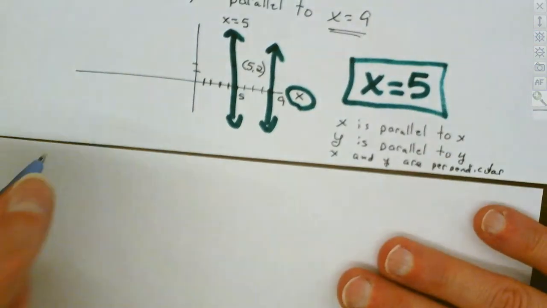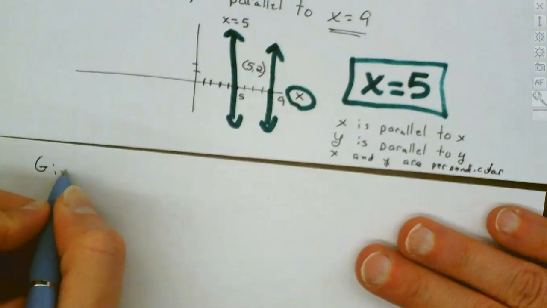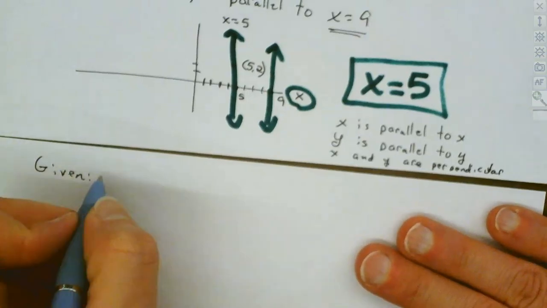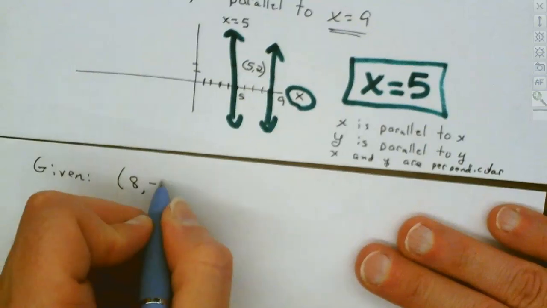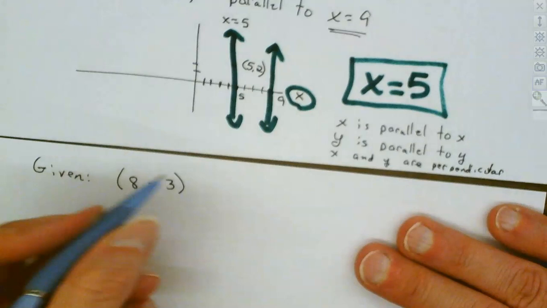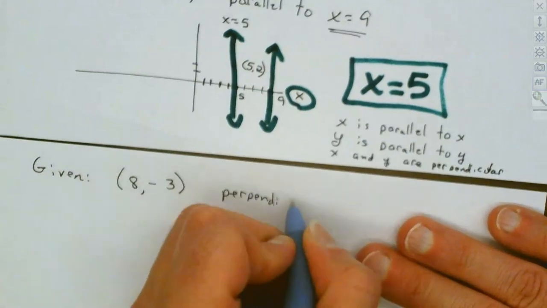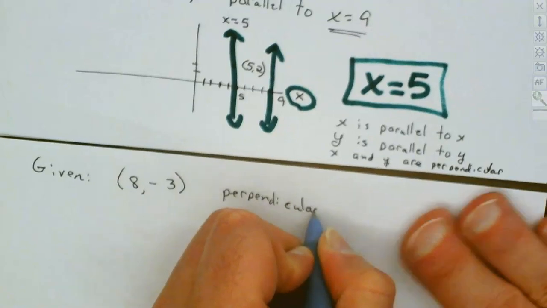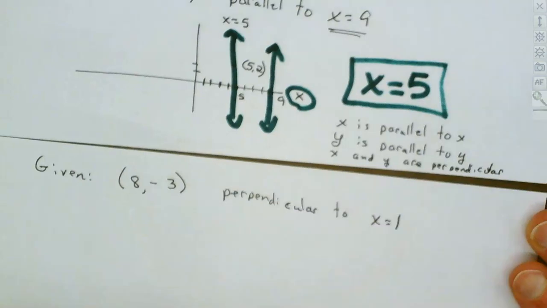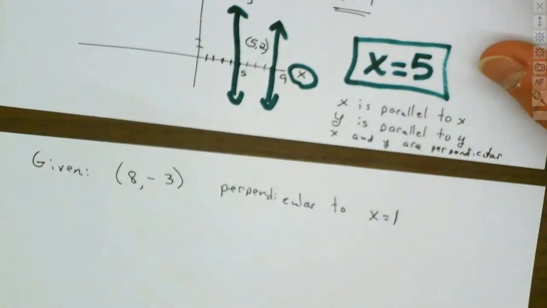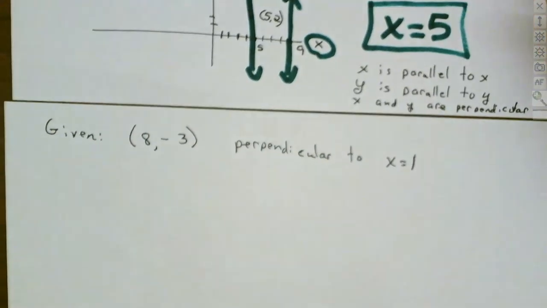So let's do another one. This one will do perpendicular. So let's say you're given a new point again, (8, -3), and we want it to be perpendicular to x equals 1. Well, what do we know about x and y?